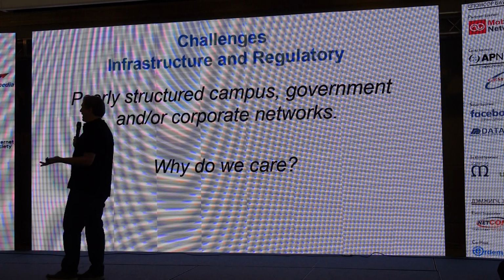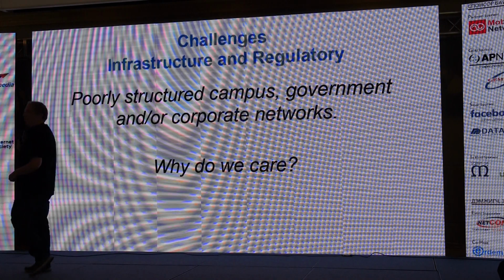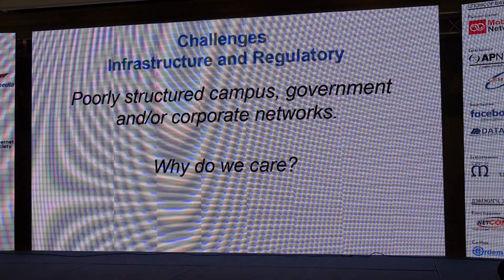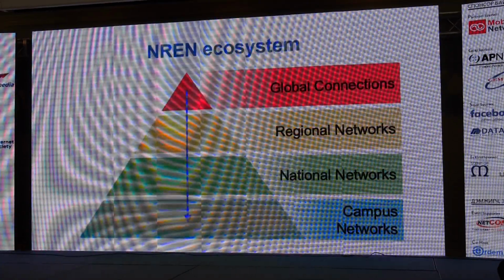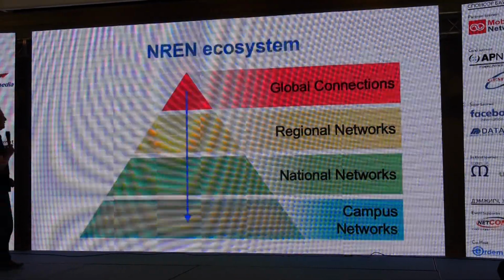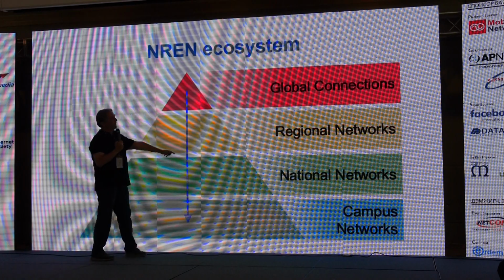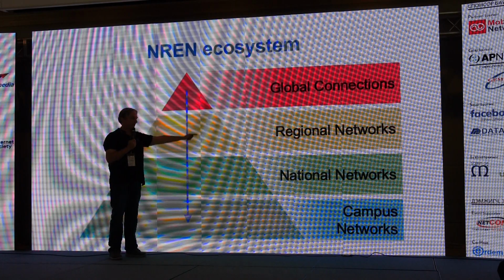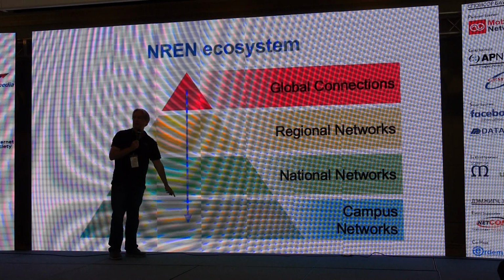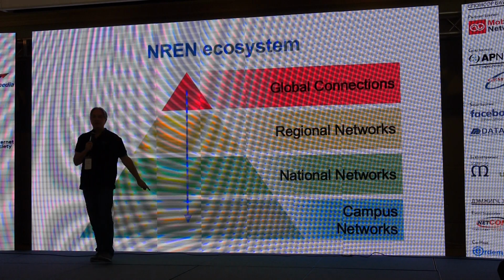But the researchers say at the end of their network on the edge, they don't really see a difference. This is fairly common. So why do we care about that? Well, when we get to all these national, regional, and global networks, the first connection's down on the campus, and it's with your people and your researchers.